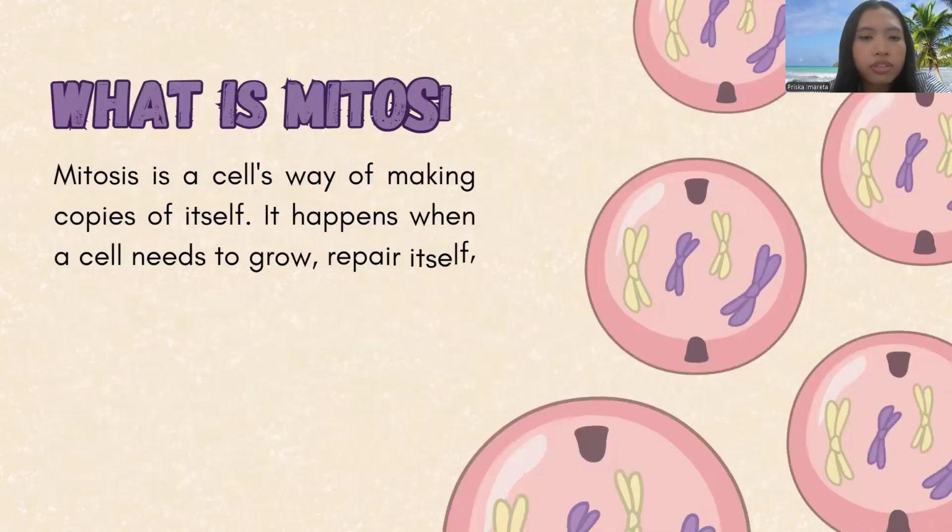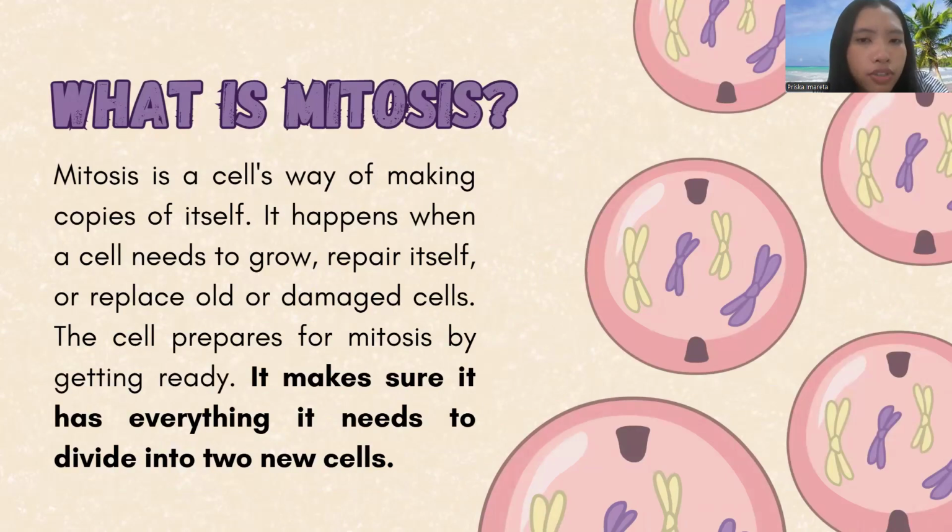Okay, first, we will discuss mitotic division. What is mitosis? Mitosis is a cell's way of making copies of itself. It happens when a cell needs to grow, repair itself, or replace old or damaged cells. The cell prepares for mitosis by getting ready.